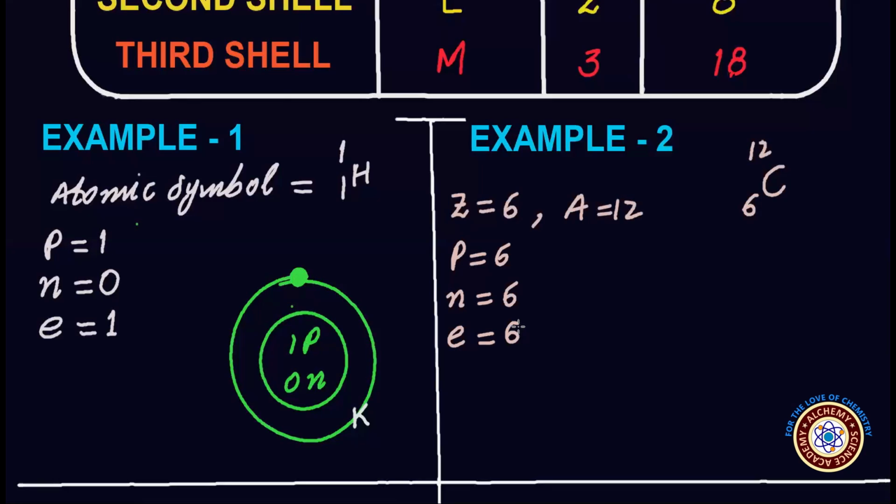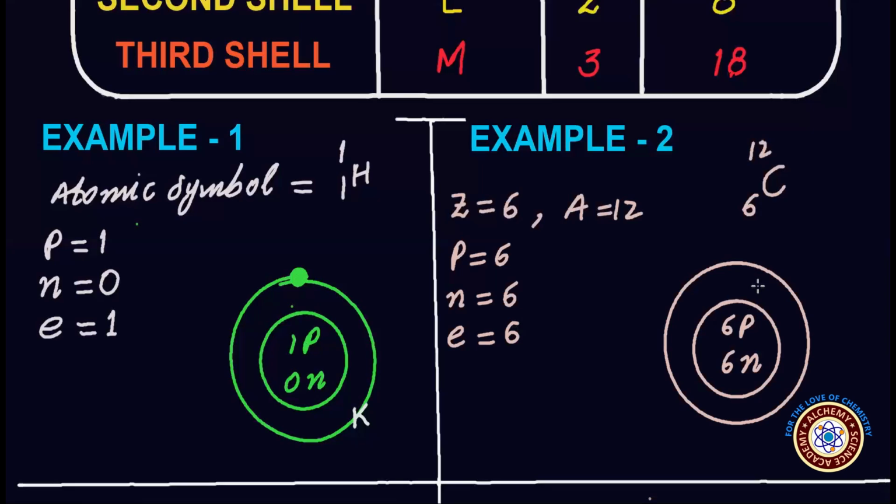Now in order to draw its electronic structure, firstly we have to draw the nucleus of the carbon atom, which has 6 protons in it and 6 neutrons. This is the first shell, which should possess 2 electrons, one here and one here.